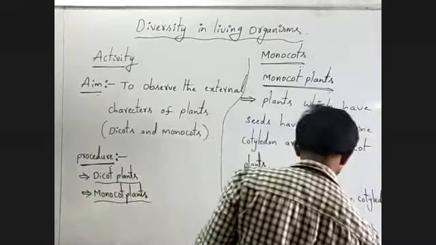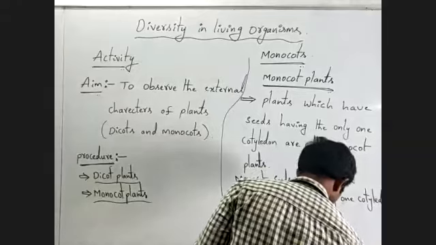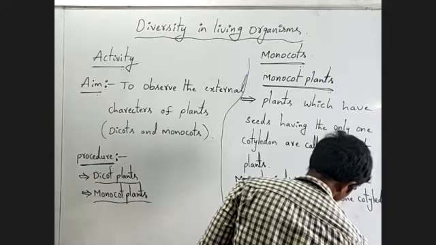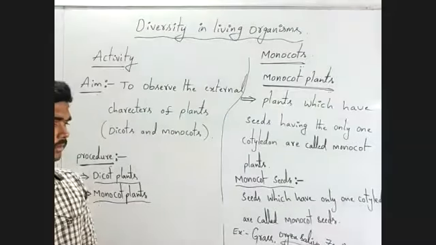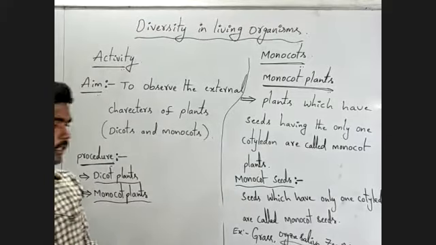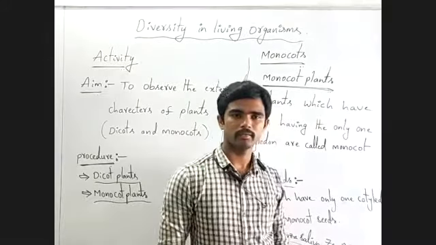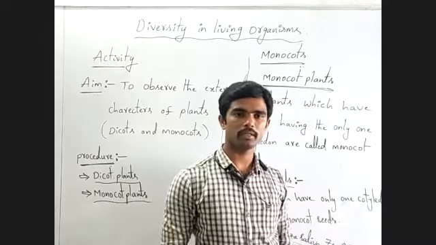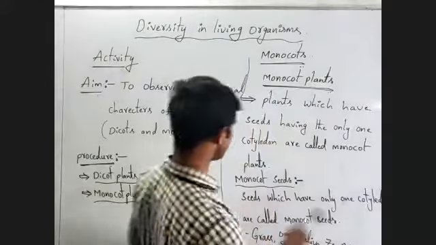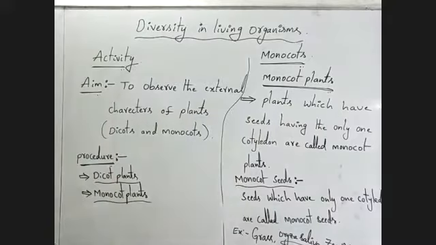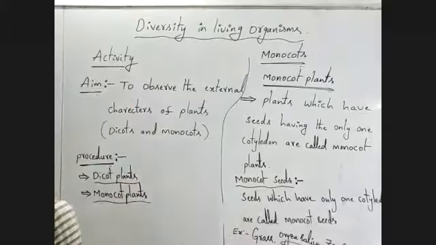Next, maize or Zea mays. Like this, there are a number of others: bajra, wheat, barley, coconut, palm tree. These are all monocots.